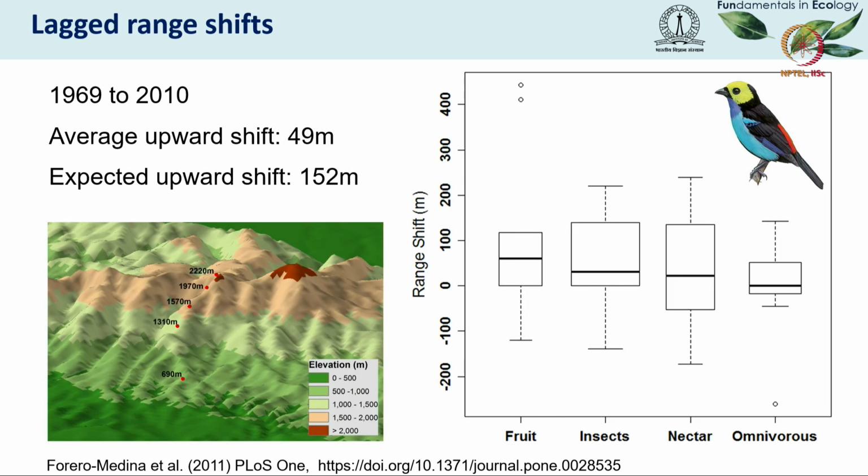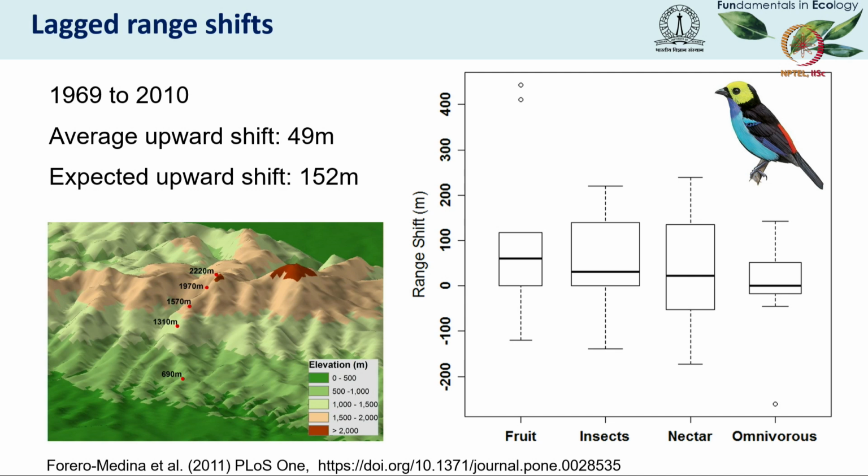Not everywhere are species shifting their ranges as fast as would be predicted from climate change. These are again data from South America looking at range shifts from 1969 to 2010. Based on temperature, one would expect that if species were to track those temperature changes perfectly, they would shift their ranges by 152 meters, but the average upward shift is just 49 meters.